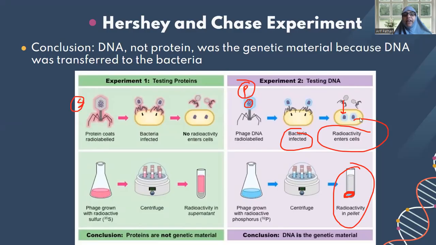That is how it infects. And after centrifugation, the radioactivity was seen in the pellet. So DNA, not protein, was the genetic material because DNA was transferred to the bacteria. Sulfur was not transferred. The body of the virus containing the radioactive label was not transferred, and hence proteins are not the genetic material, but DNA is.